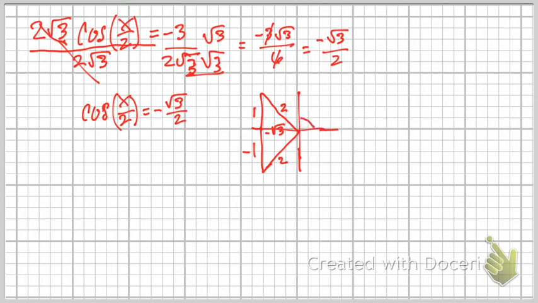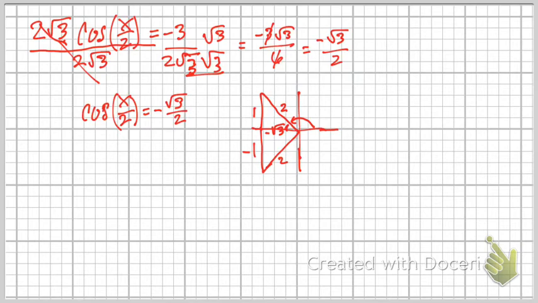So what is this angle for us? Well, I have to understand this angle first, and I know that angle is going to be 60 degrees. Or this one we'll do in radians.